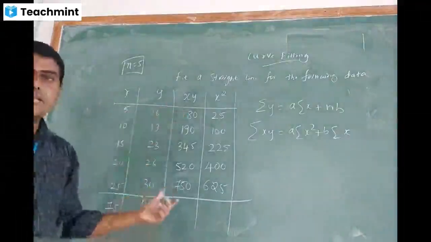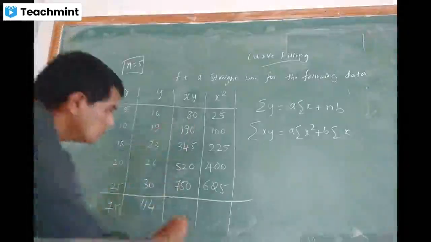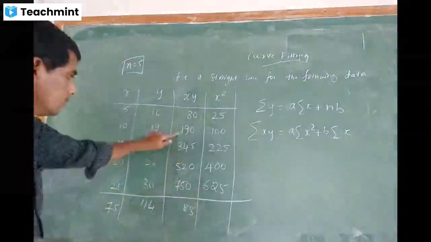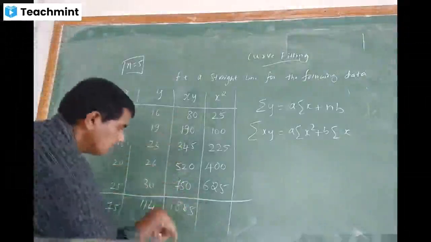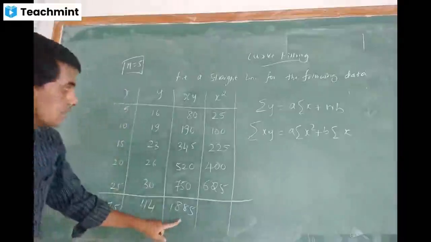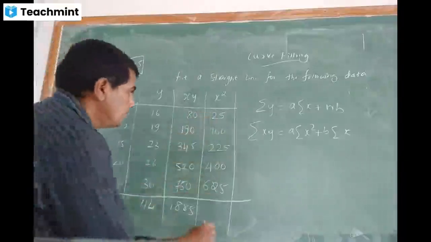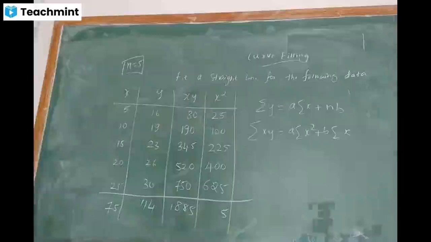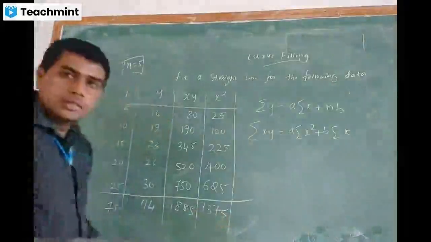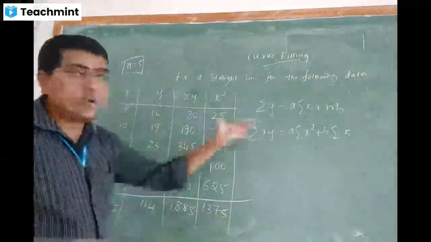Next, summation xy is 1885, please check it out. Next, summation x square is 1375, correct? So after finding these, you have to substitute these values in the normal equation.